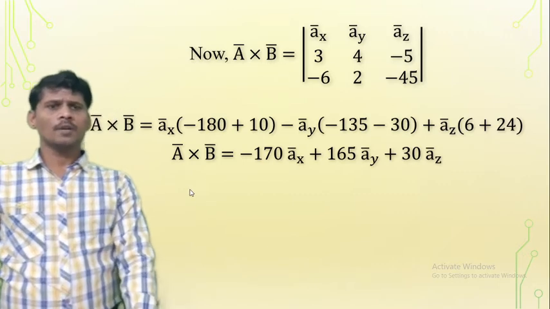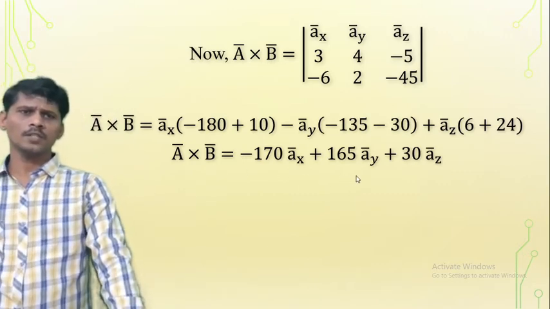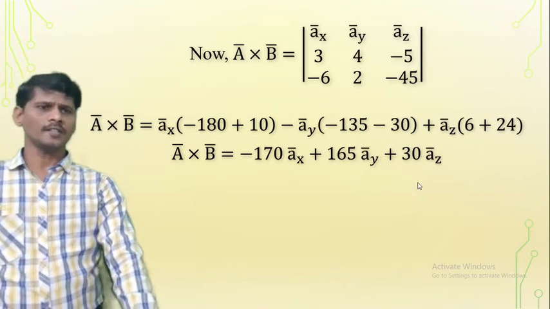Therefore, A bar cross B bar is equal to minus 170 a_x bar plus 165 a_y bar plus 30 a_z bar.